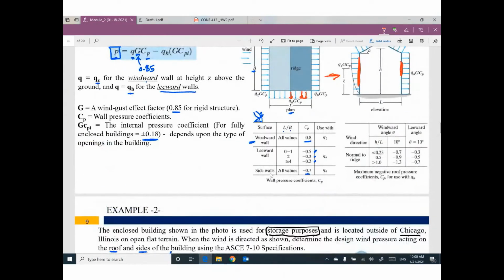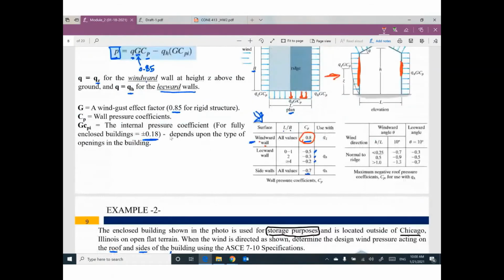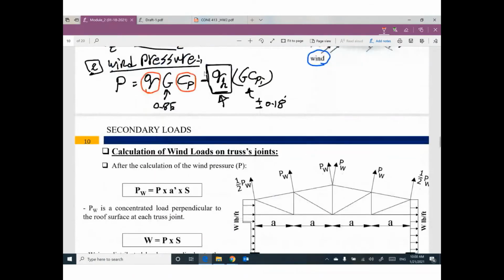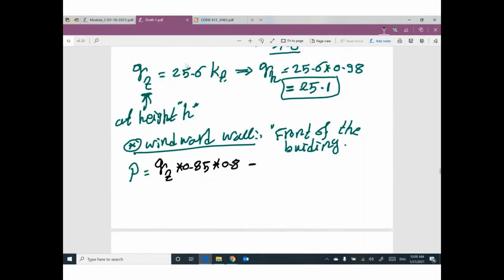The value of CP for the windward wall equals 0.8, minus QH, which equals 25.1 times plus or minus 0.18.